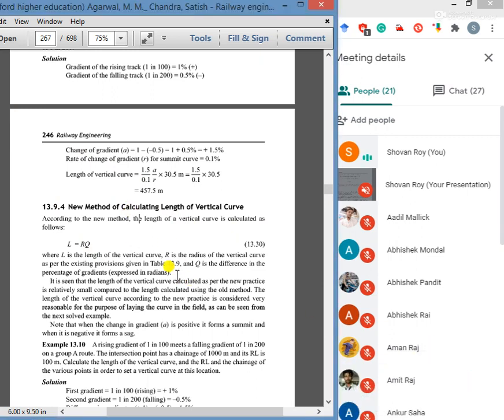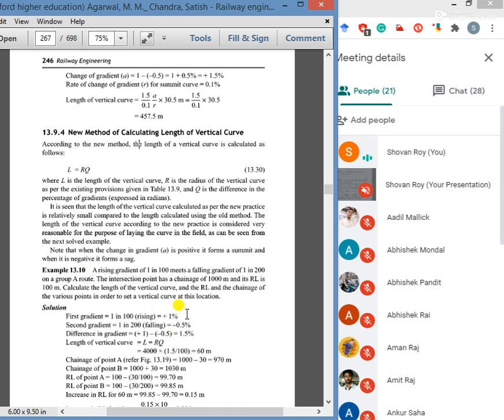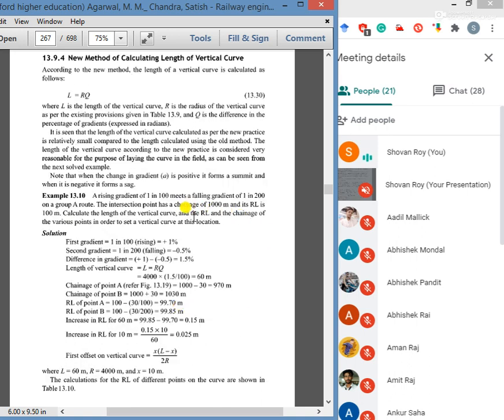So under the new method of calculating length of vertical curve, I have already told you that L equals RQ, and this is one example.